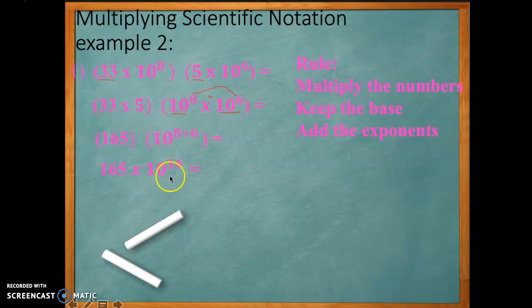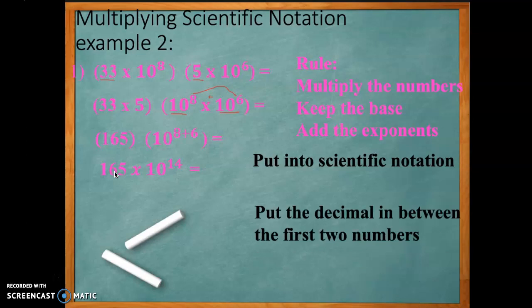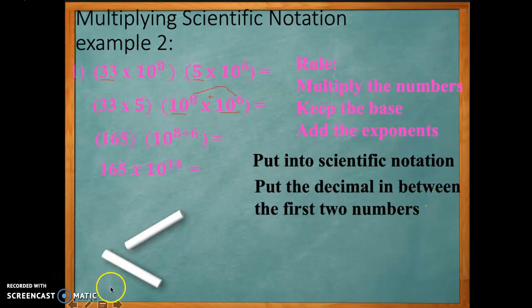But I'm not done here because this isn't technically in scientific notation. We have to put it in scientific notation. Once we have this, we're going to move the decimal. How do I know where the decimal is? Well, if there isn't one, you just put it at the end and you move until you get here, okay?